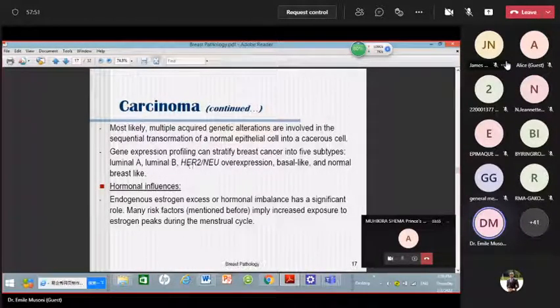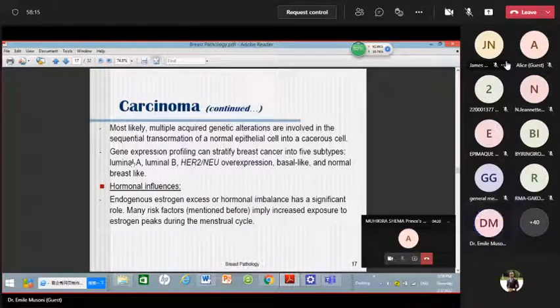HER2/neu, when it is expressed, even though there is a treatment, carries a poor prognosis. This is why we divide into 5 subtypes.